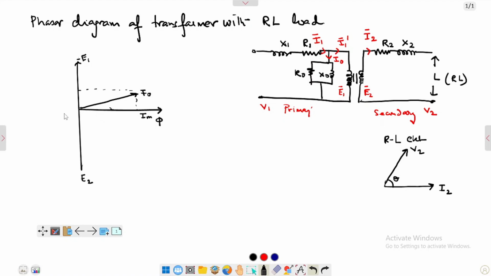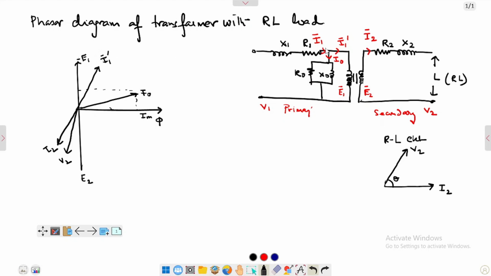So what we will do is we'll draw the V2 here and I2 here. This I2 is made by this I1 prime, which is present here.